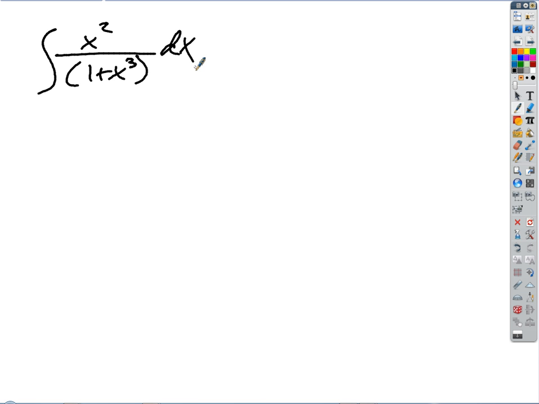Okay, so you're going to try picking your u, differentiating to find out what du is. And this is one that we could not do prior to U substitution. Okay, so this is a good one to look at. It's one where we need our new trick.